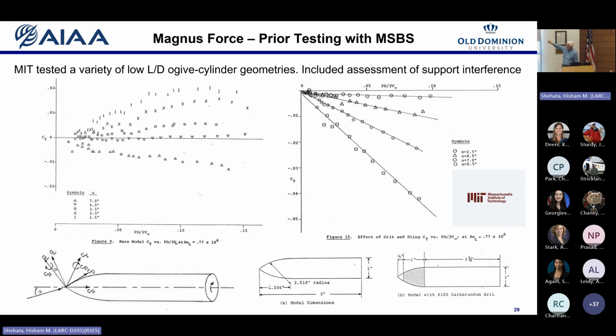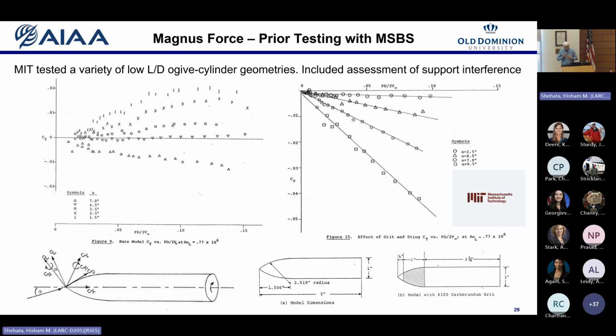It also showed that the Magnus force, which is the left-hand plot, could be of either sign. So you see positive and negative values there, depending on the aerodynamic angle of attack in the tunnel. And the right-hand plot is basically the same condition with a dummy sting put up the back. And clearly there's a huge support interference influence there, which is one of the arguments for magnetic suspension.